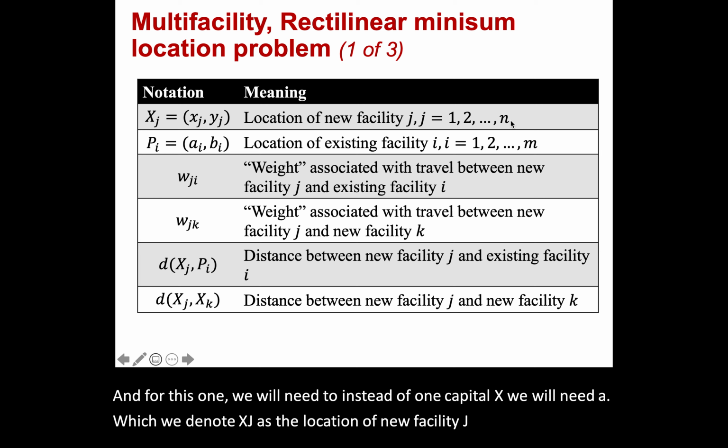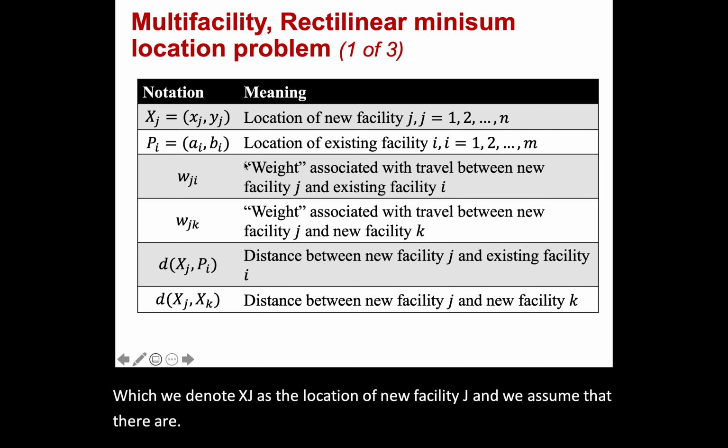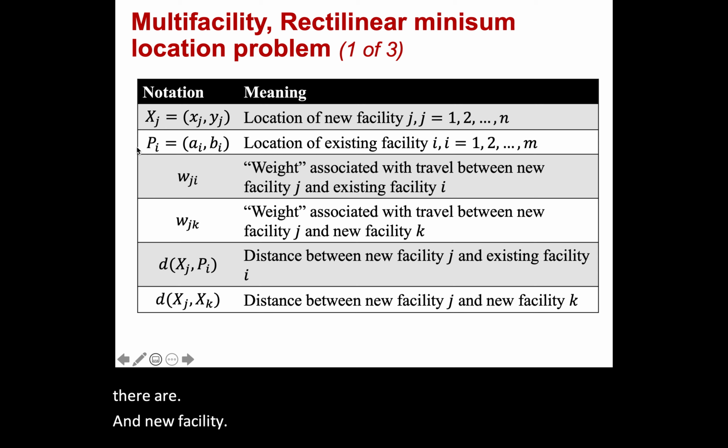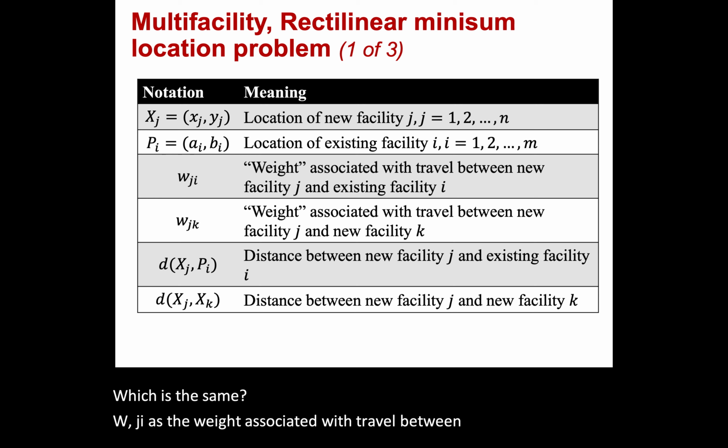And we assume that there are n new facilities. Pi is the location of existing facility i, which is the same. Wji is the weight associated with travel between new facility j and existing facility i.